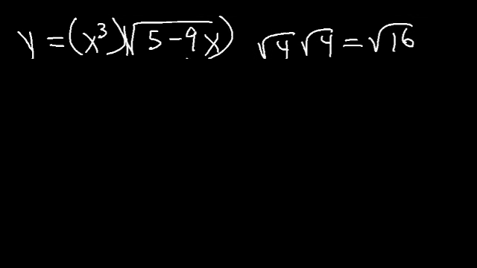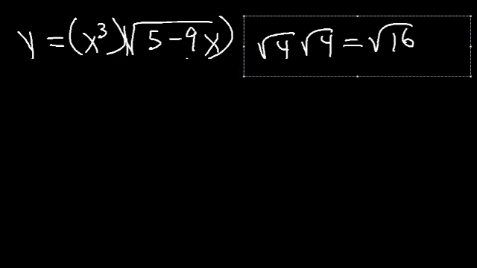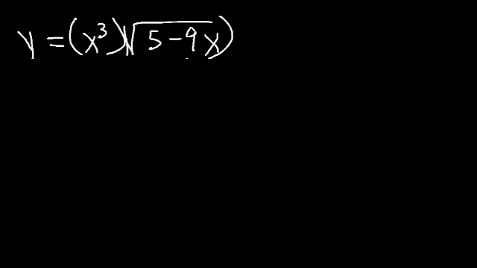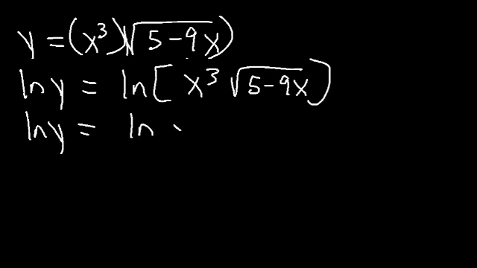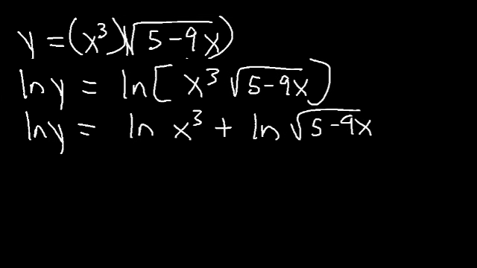But now let's use logarithmic differentiation to see what kind of answer we're going to get. The answer might be in a different form, but it's still mathematically correct. So let's begin by taking the natural log of both sides. And now let's separate x cubed from the square root of 5 minus 9x, which at this point it's wise to rewrite like this.